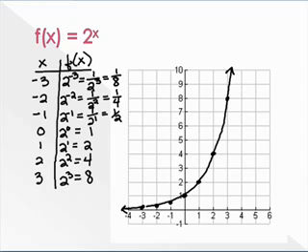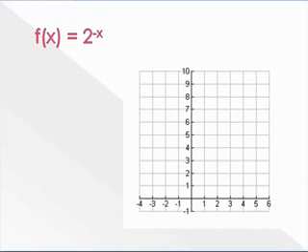Now we're going to take a function that looks just a little bit different. We have f of x is equal to 2 to the negative x. Let's pick the same x values that we used in that last one.